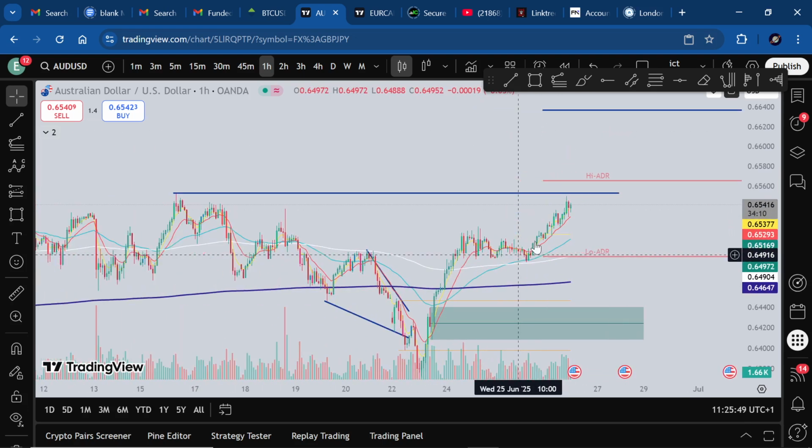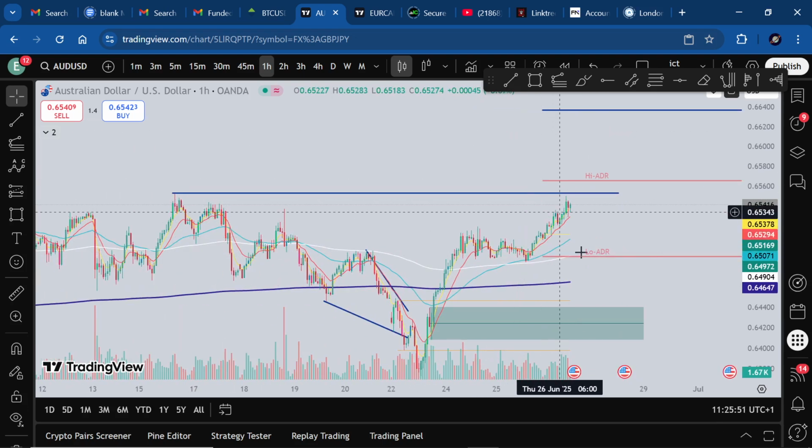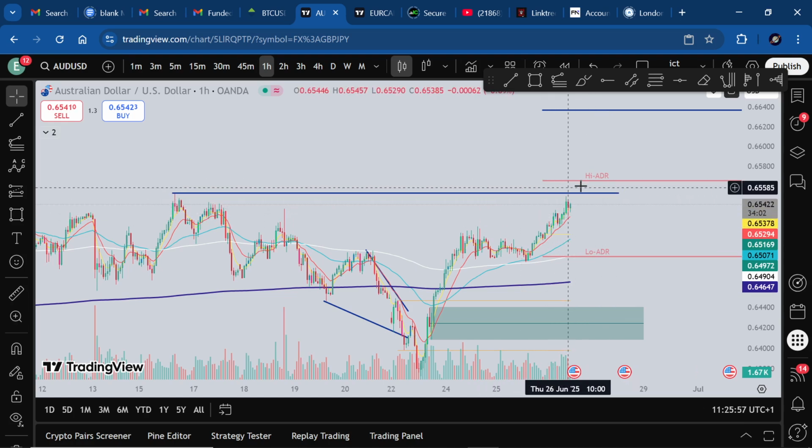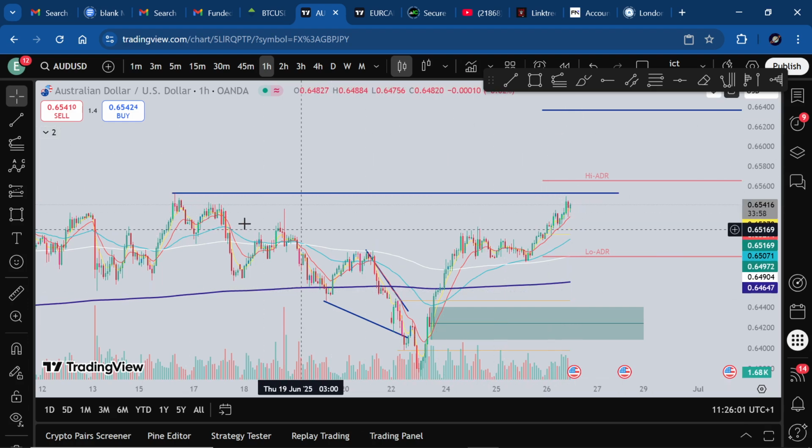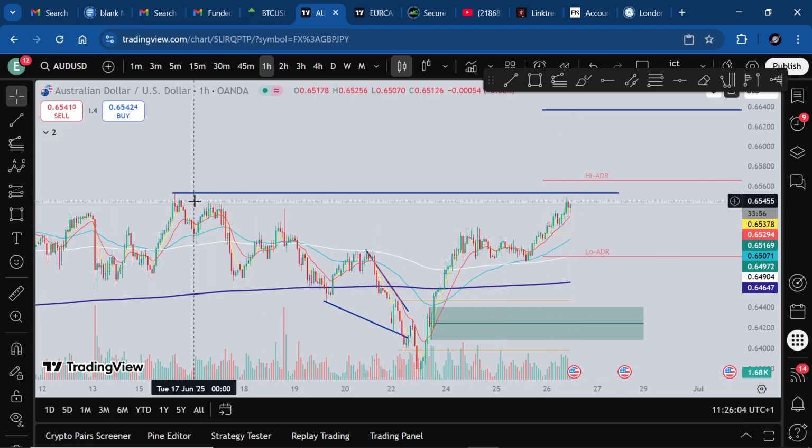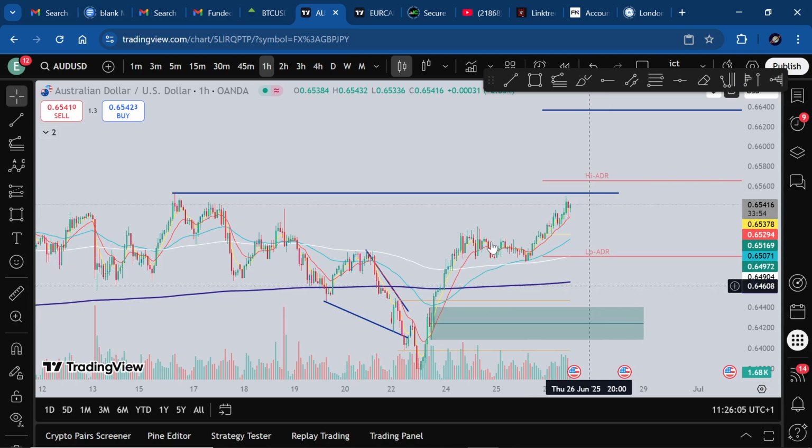I can't get into any worthwhile positions, any heavy buy position from here. You don't buy where the breakout traders buy. You don't buy at the highs. You definitely do not. We've broken all these highs. Price can drop now. It doesn't even have to take this high. It probably takes this high and drops.